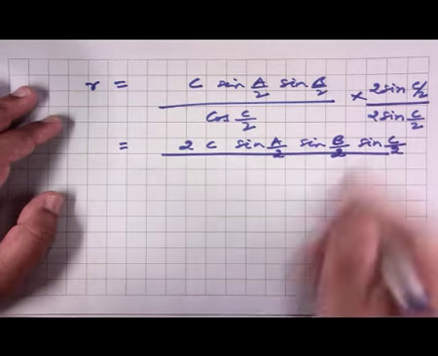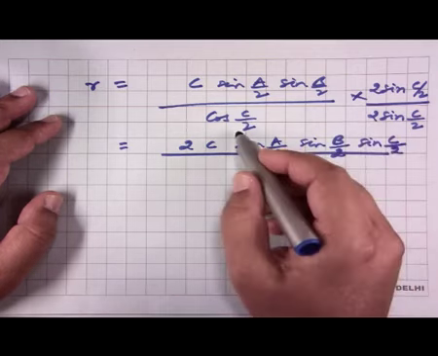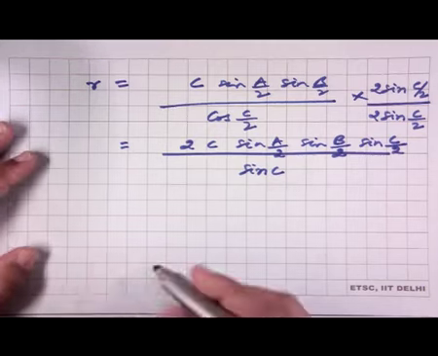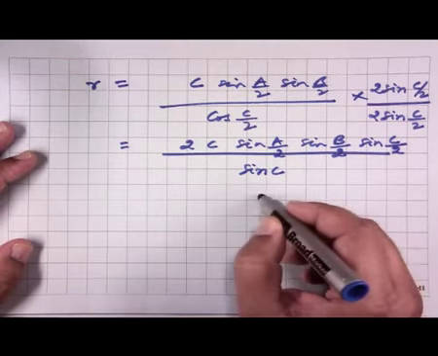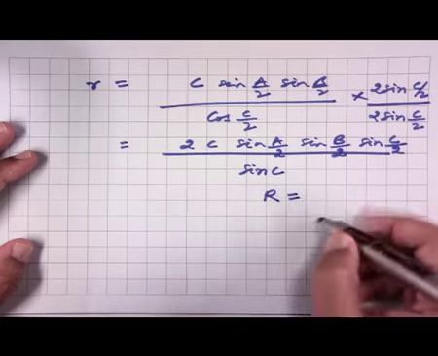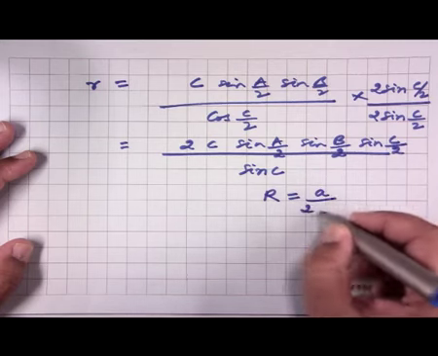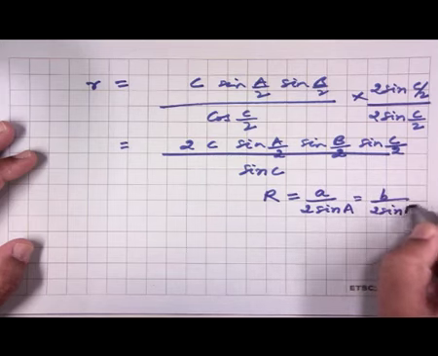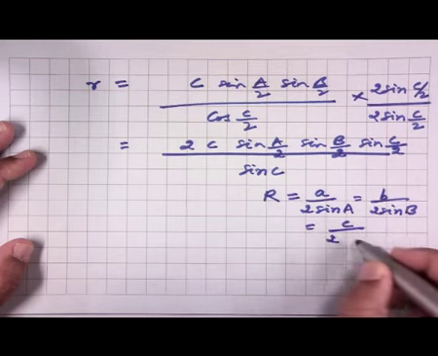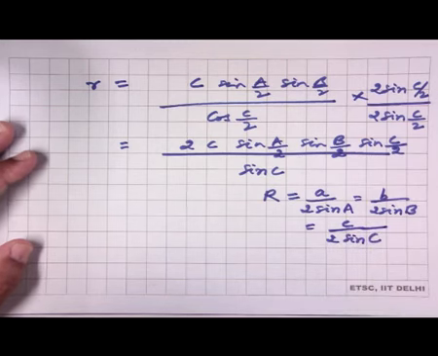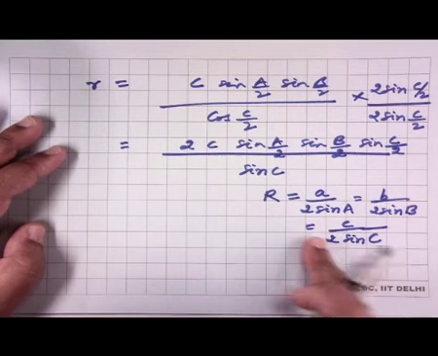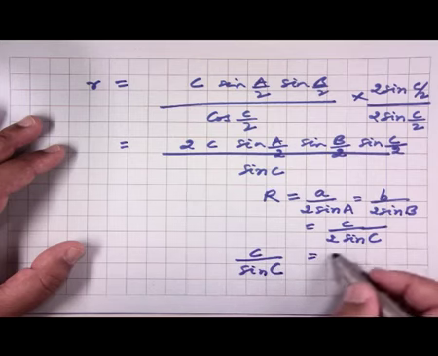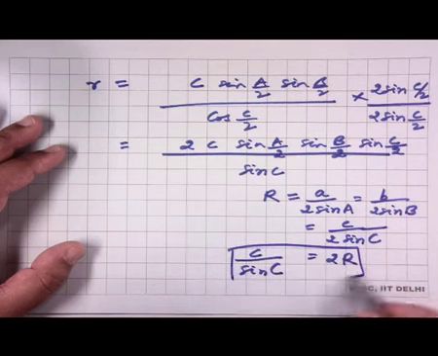And in the denominator we get 2 sin C by 2 cos C by 2, which is sin C. We already know that the circumradius is equal to A by 2 sin A, which is equal to B by 2 sin B, which is also equal to C by 2 sin C. And therefore, from this equality, we see that C by sin C is 2r, where r is the circumradius.